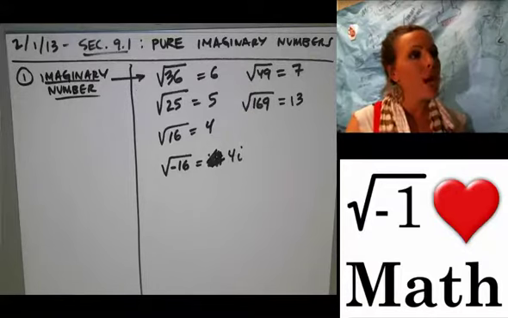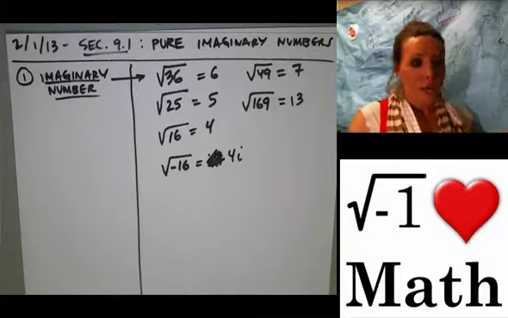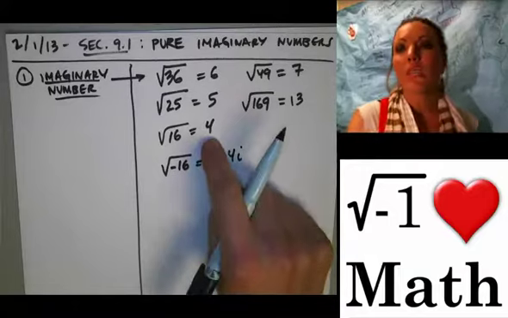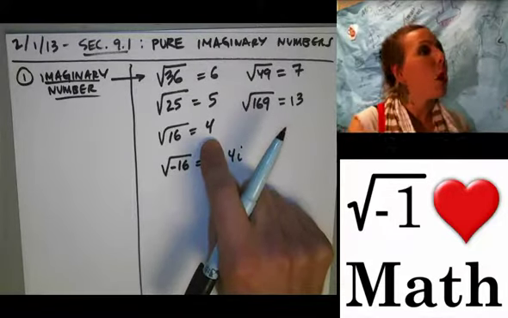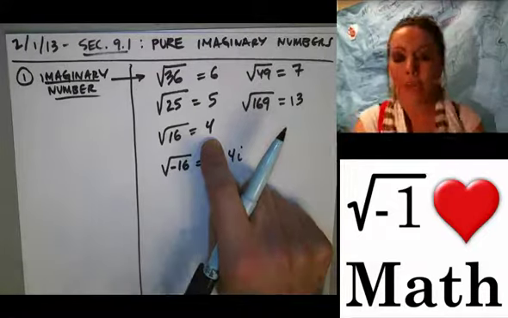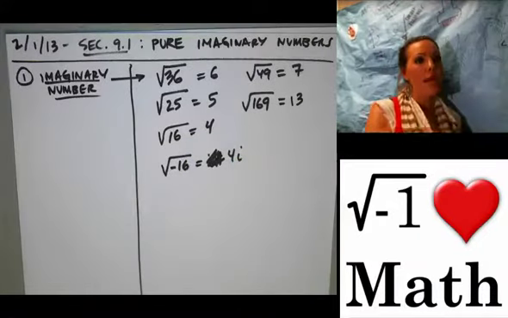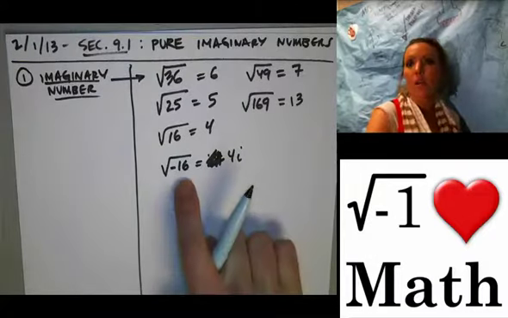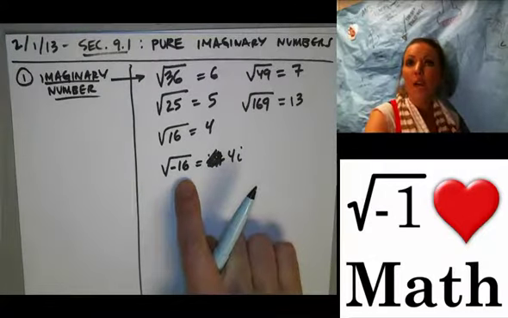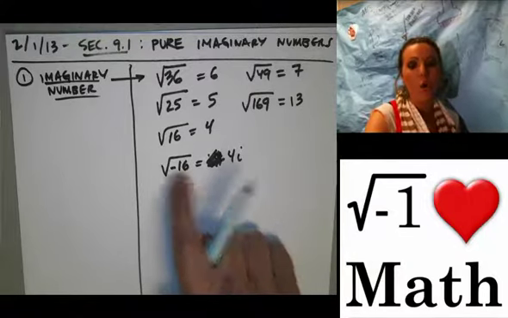You guys tell me, why is the square root of 16 4? Because positive times a positive gives you a positive. Squaring something is multiplying it by itself. There's no way you can get that if you have a negative number here. The only way to get a negative number by multiplication is by multiplying a positive with a negative. So up until now, this has not existed.